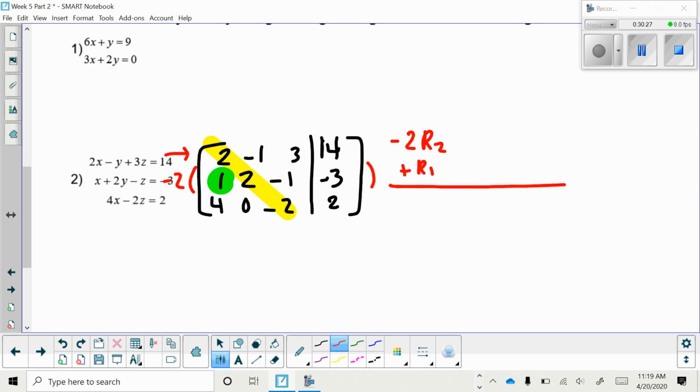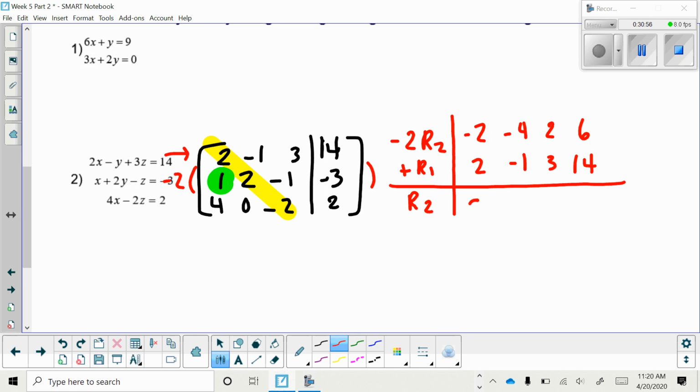And remember what I told you before, if you're trying to modify a row, that's going to be your new row. So once I do that math, it replaces row 2. That's my new row 2. So -2 times everything in row 2 gives me this, -2, -4, +2, +6. Row 1 stays the same. And I'm going to add vertically.